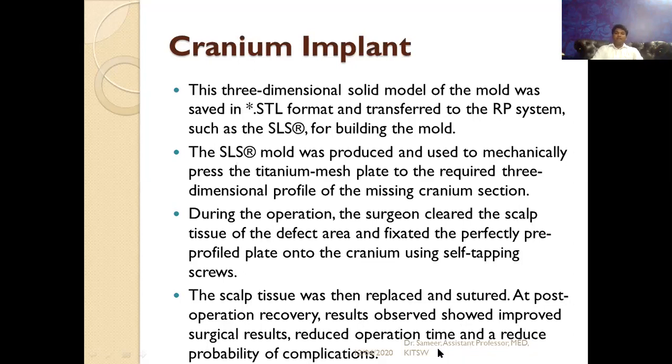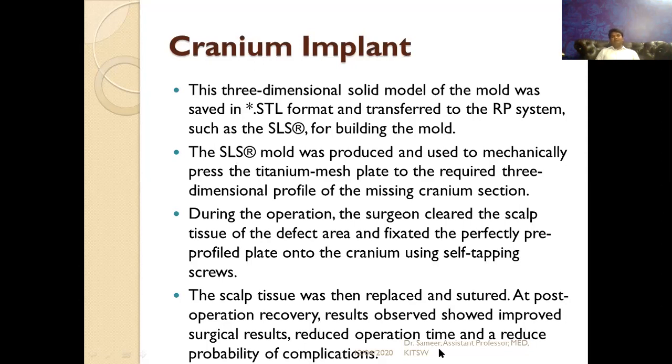While applying the RP technology, when the operation was performed, the doctor cleared the scalp and the tissue of the defect area, and fixed the properly pre-profiled plate onto the cranium using self-tapping screws. Then the scalp tissue was replaced and sutured.